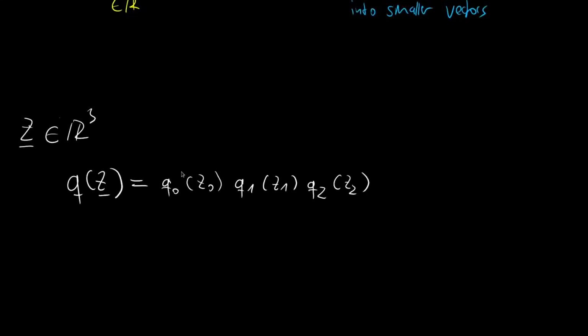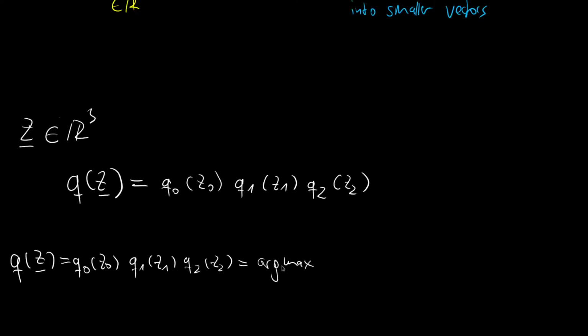So let us also note this down in the factorization that we have here. So we have that q of the vector z, given as q0 of z0 times q1 of z1 times q2 of z2, is found as the arg max over all q0, q1 and q2 of the ELBO based on q, and then also put in the vector here.